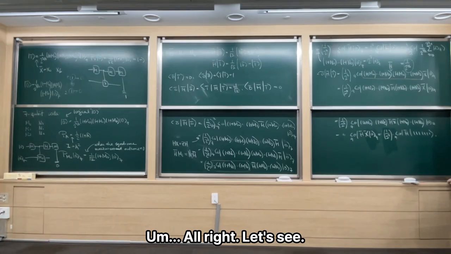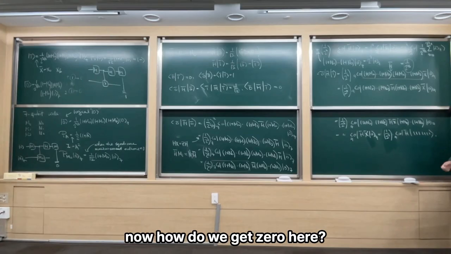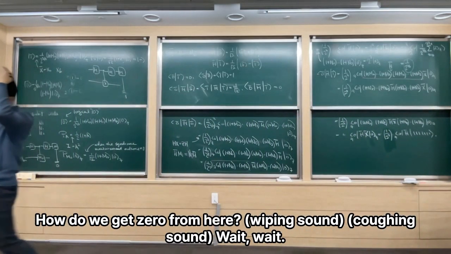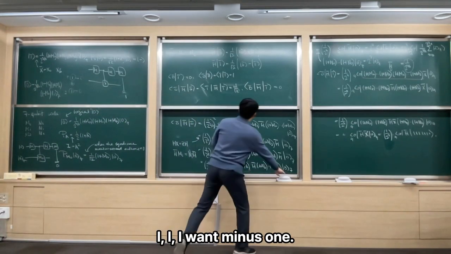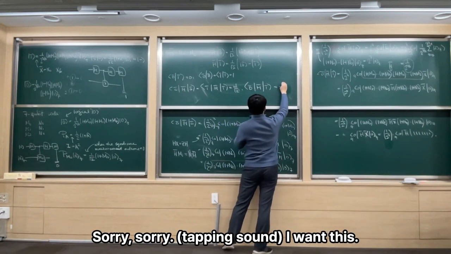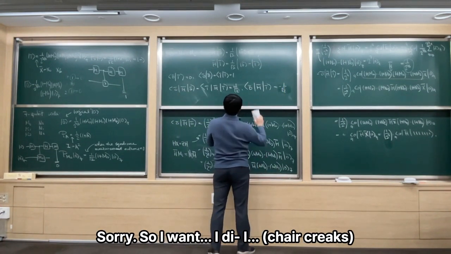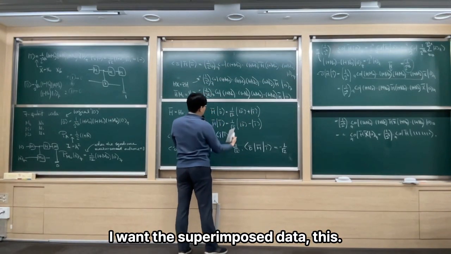Right. Let's see. So now how do we get 0 here? How do we get 0 from here? Let's see. Wait, so what? I didn't want 0, right? I want -1. Sorry. I want the superposed state of this.